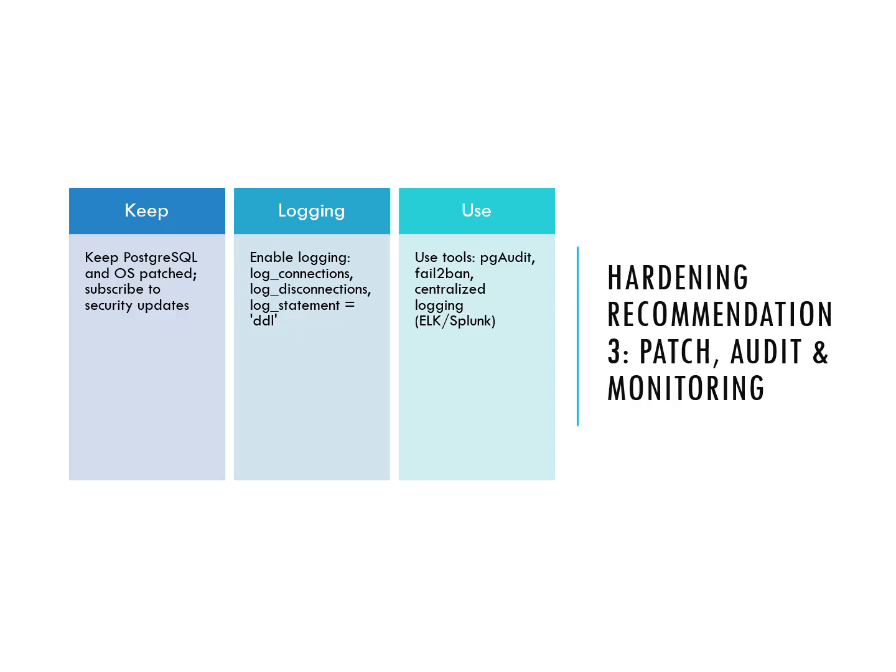The third hardening recommendation is to maintain vigilance with patching and visibility. You can subscribe to PostgreSQL and OS security advisories, which allows you to apply patches promptly. You can enable comprehensive logging in the configuration file, and you do this to capture important events.